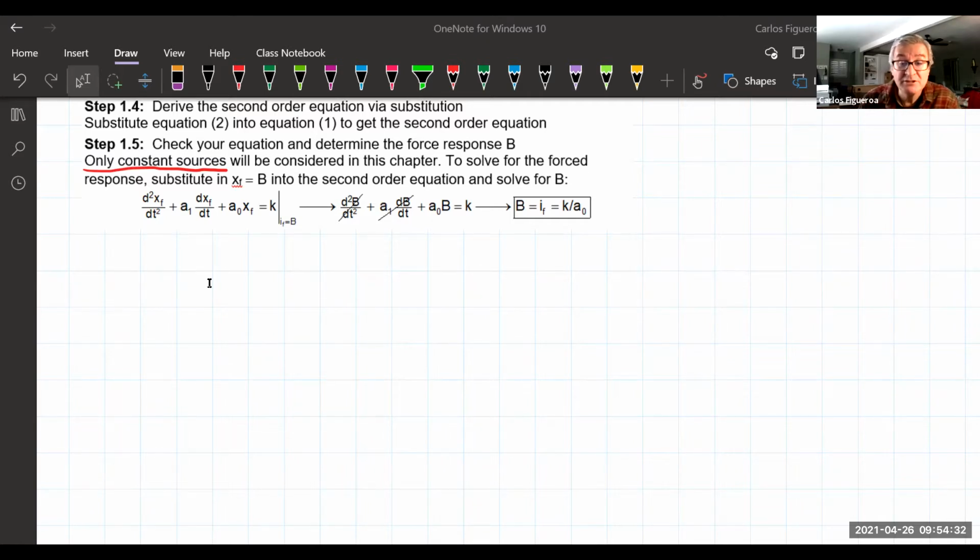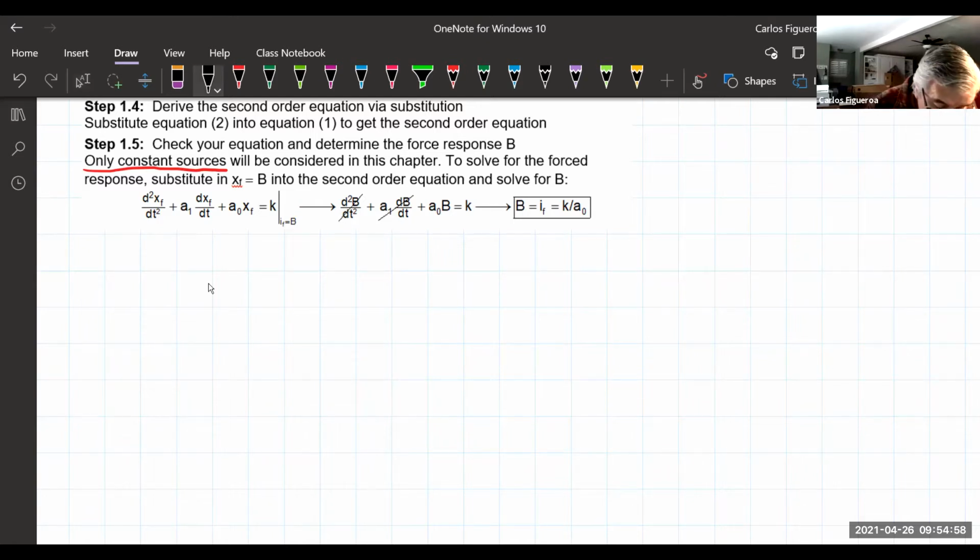You got to get this right. Remember, the only reason why I'm doing method 1, the direct substitution method, is because most of you have not used operator methods other than Laplace. And some of you are not very comfortable with Laplace, and some of you are. So this has a lot of similarities, but not the same.